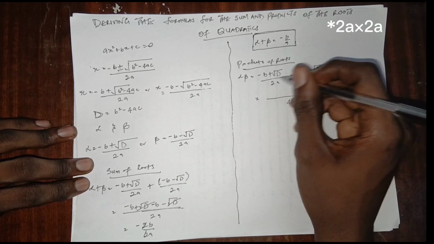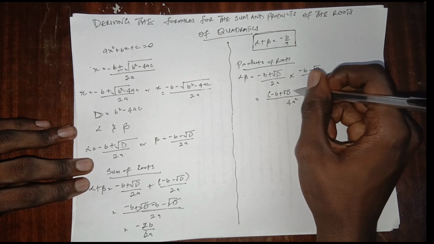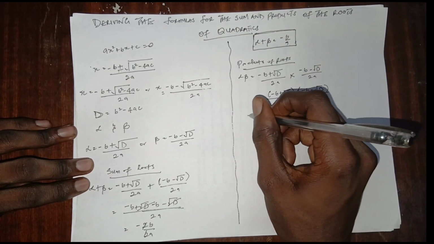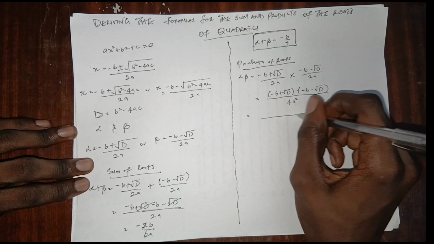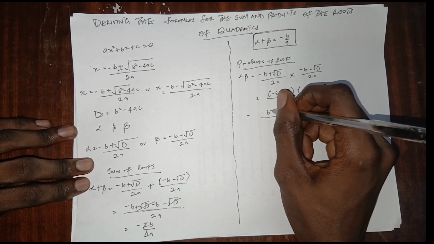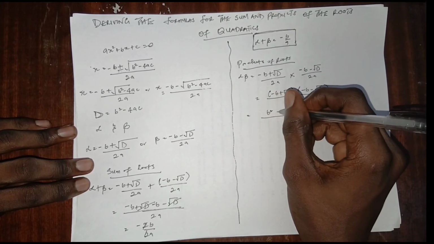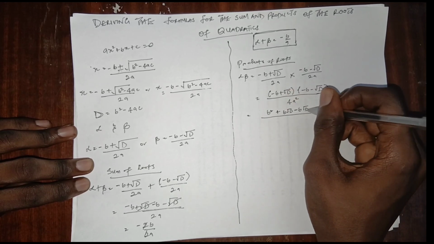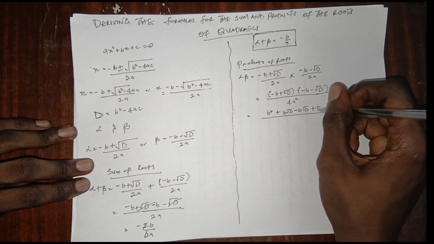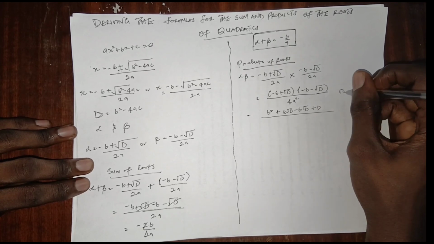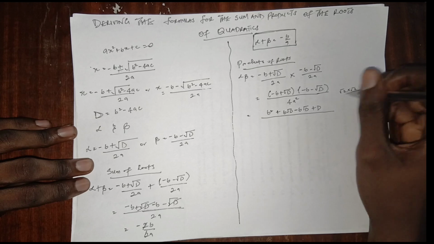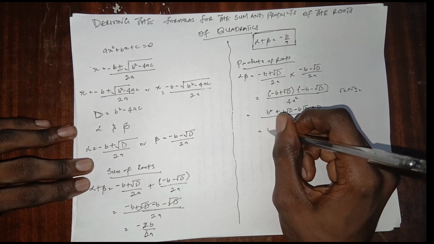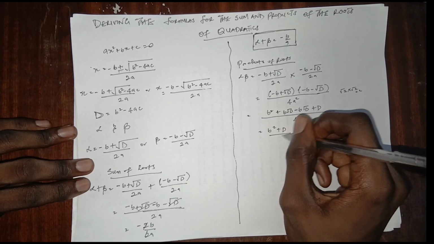Then you multiply the numerators together, which gives us a long expression. Minus b multiplied by minus b gives us b squared. Minus b multiplied by minus root d gives us plus b root d. Then minus b d times... this is going to go, minus b root d. Then root d times minus root d gives us minus d. So these two cancel because they are opposite, and we have b squared minus d all over 4a squared.